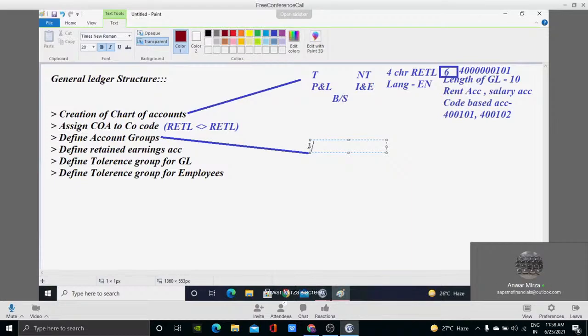Yes, sir, group of similar accounts. We are creating separate groups for expenses, income, assets and liabilities. Correct. Yes, correct.